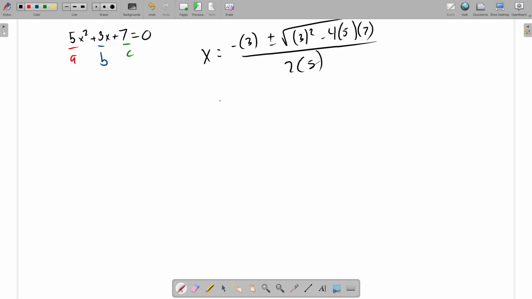And then it's just working towards simplifying. So negative 3 plus or minus the square root of 3 squared is 9. 4 times 5 is 20. Times 7 is 140. All over 2 times 5 is 10.